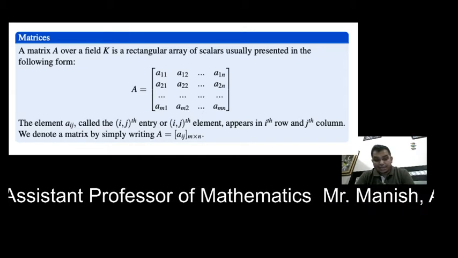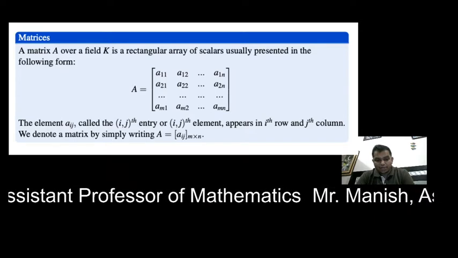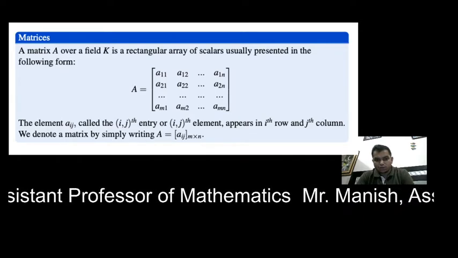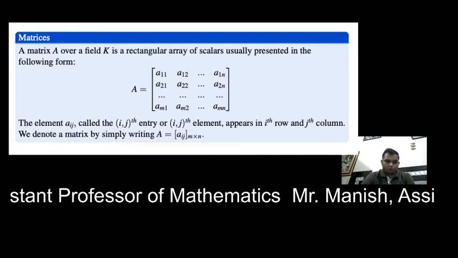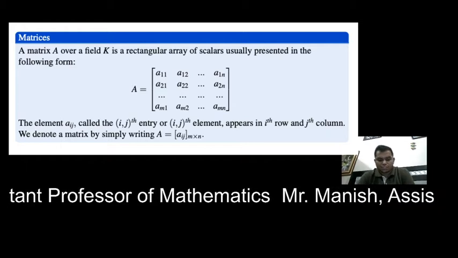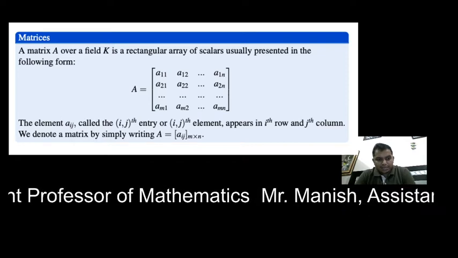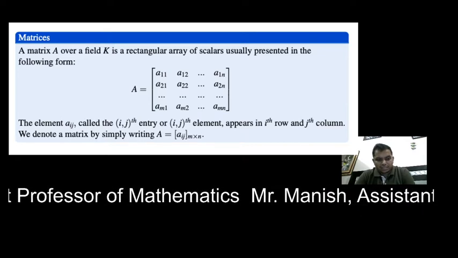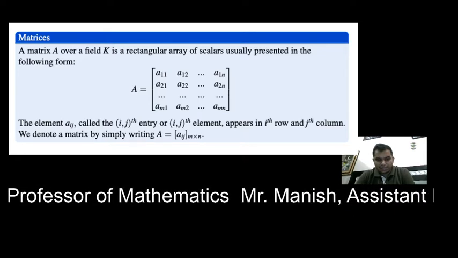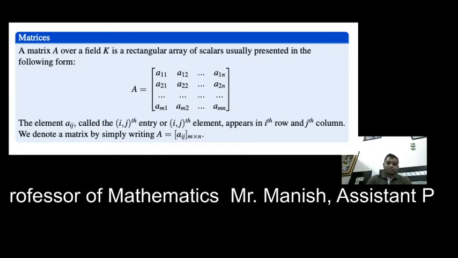In the slide, A is equal to a11, a12, up to a1n, a21, a22, a2n, and up to the last row am1, am2, amn. The element aij, called the ijth entry or ijth element, appears in the ith row and jth column.